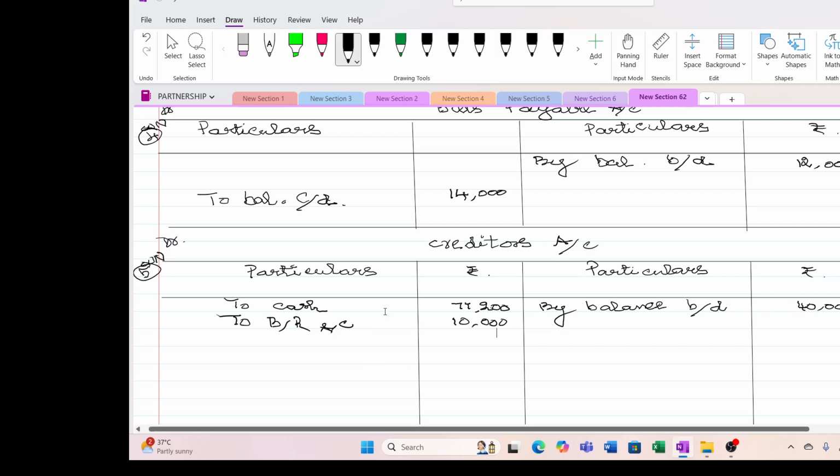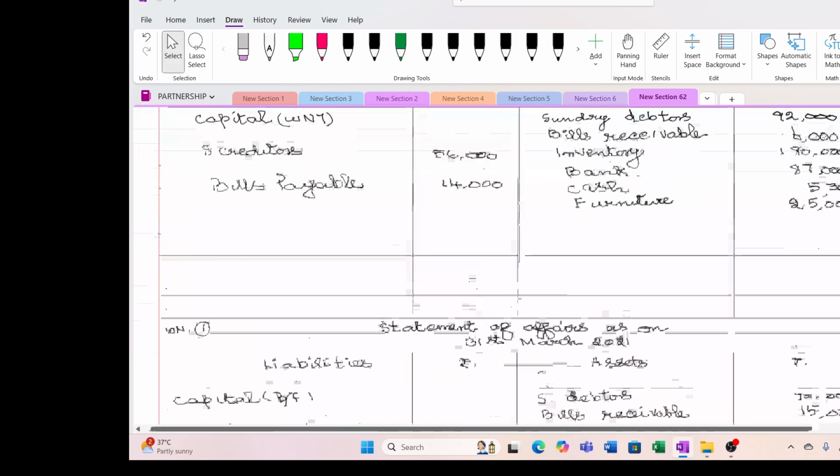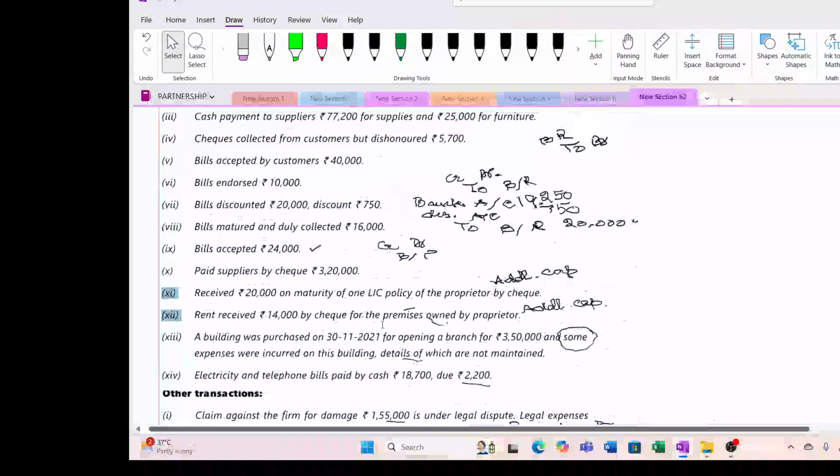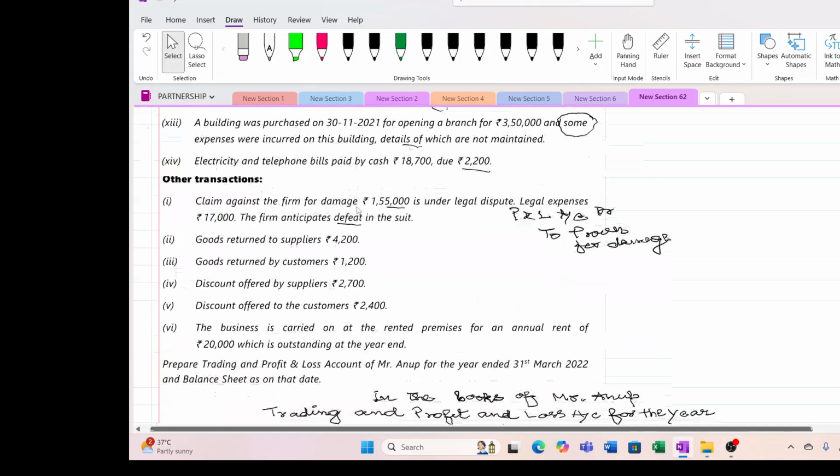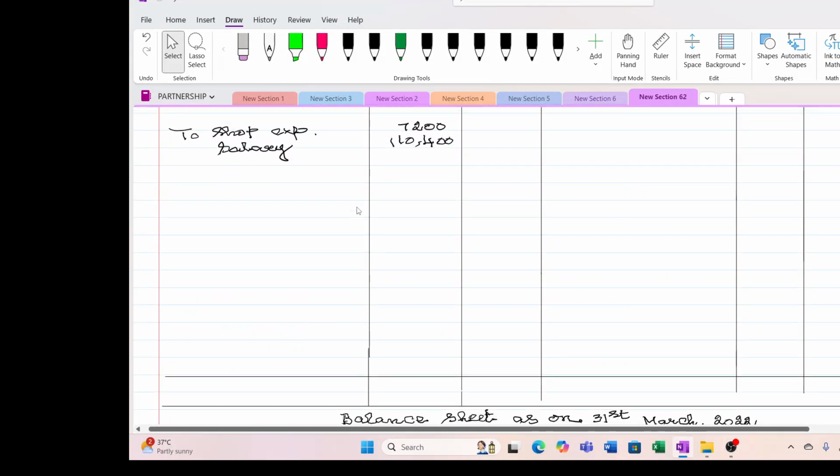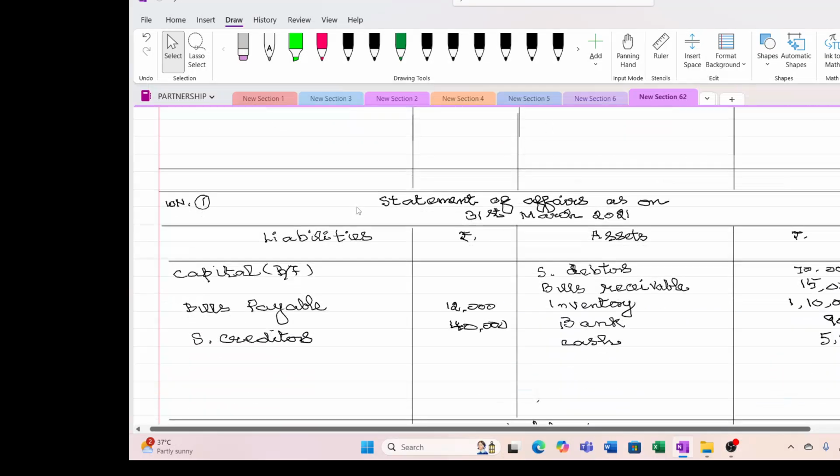So next item we will see: bill discounted with the bank. Okay, so bank account debit, discount account debit to BR account. So BR is going out for 20,000.